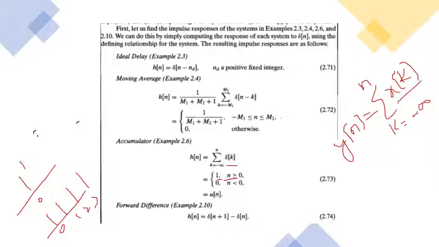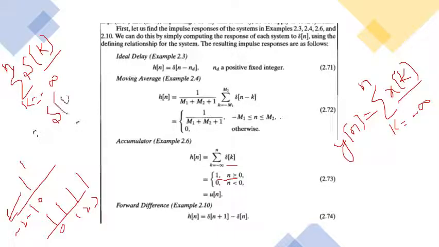Okay, so I can simply show it to you. Summation of delta of k, with k from minus infinity to n. You know that the delta impulse will give you 0 as long as k is negative. If k is -1, it will be 0. If k is -2, it will be 0. It will first produce its output at k equal to 0, so at 0 this will become 1. Then when n becomes 1, we will have delta of 0 and delta of 1.